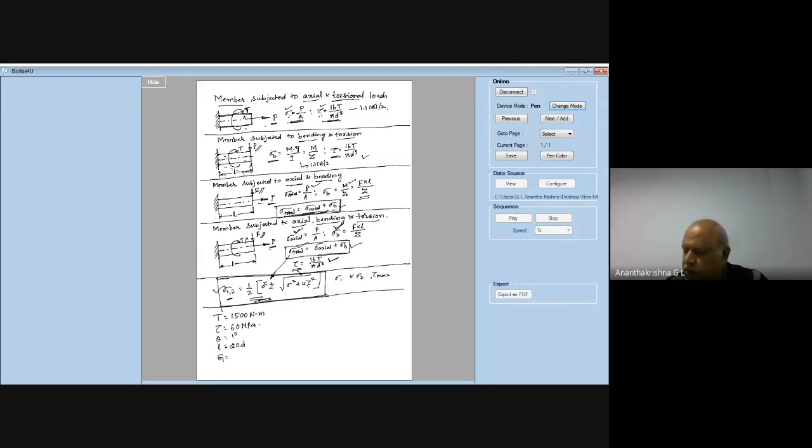Take G equal to 0.8 into 10 power 5 megapascal.